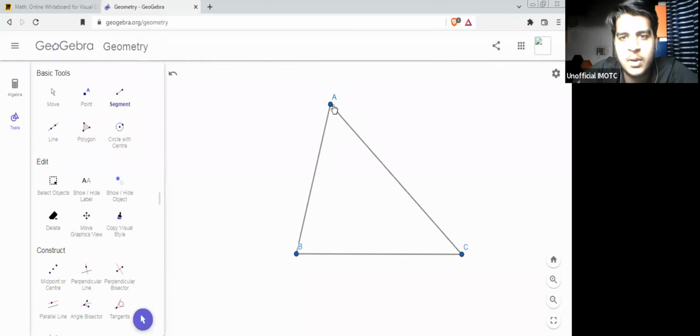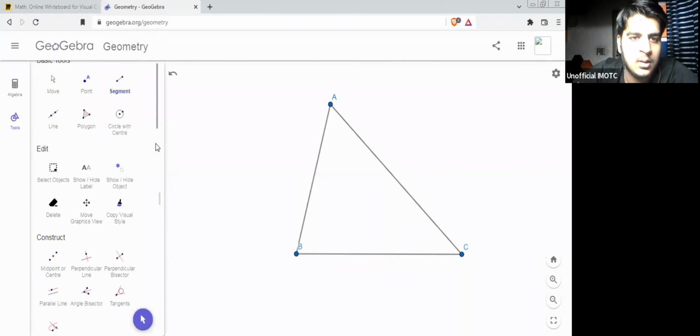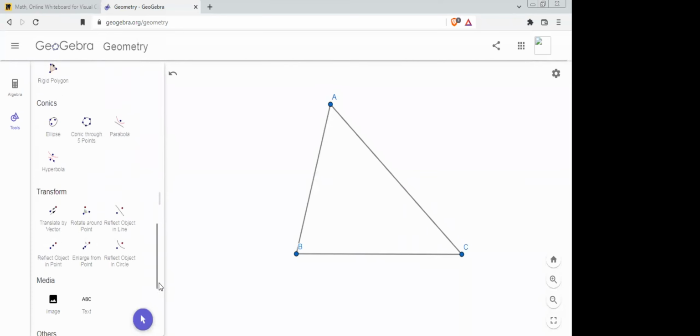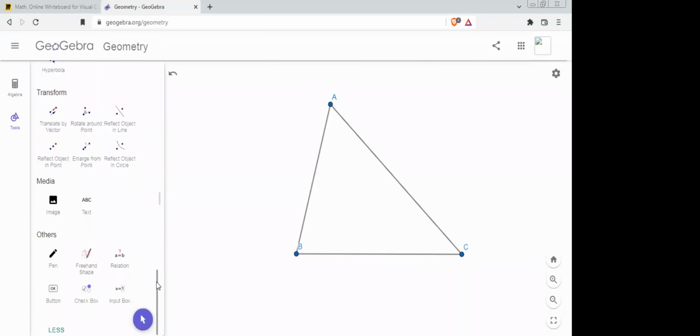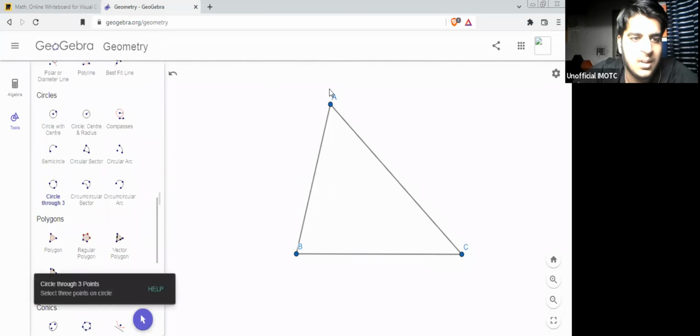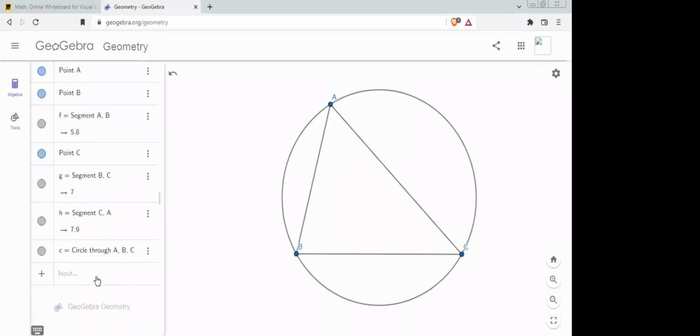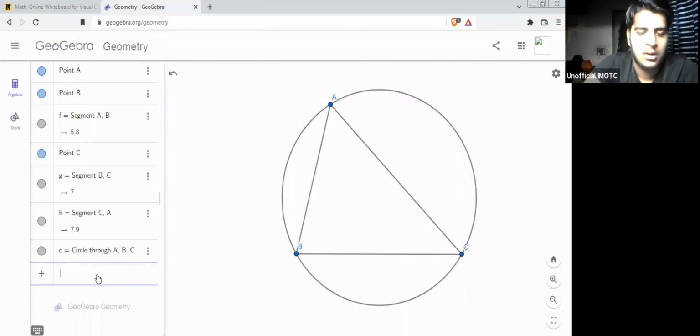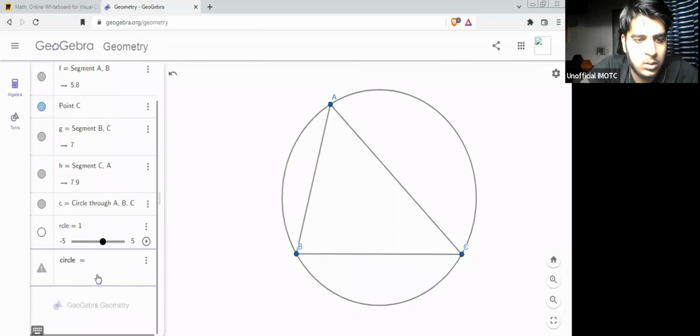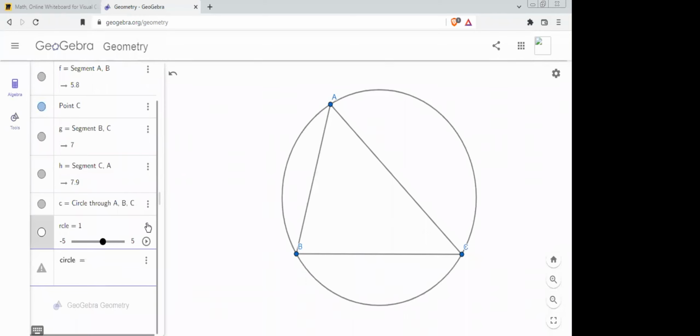Why is GGB worsening over every update? Just use the classic version, GGB 5. Who uses the latest version? Works like a charm.